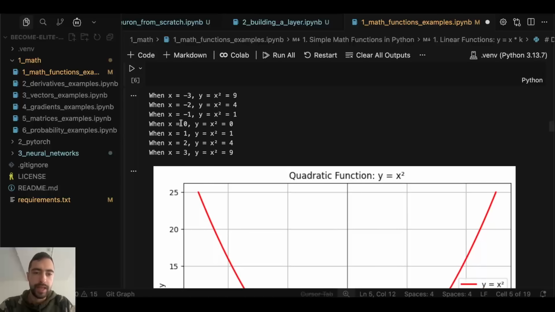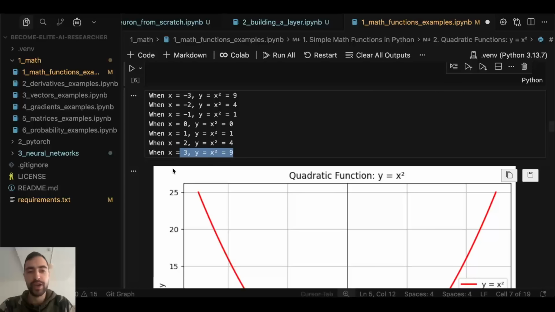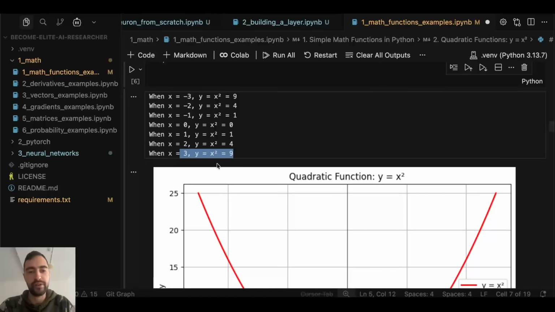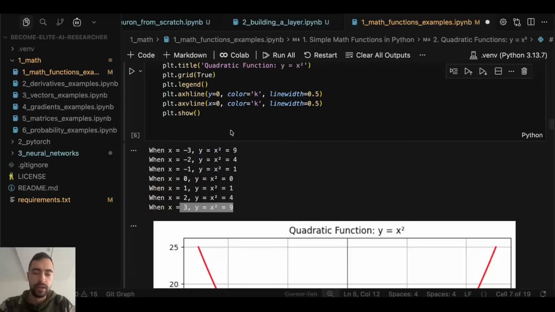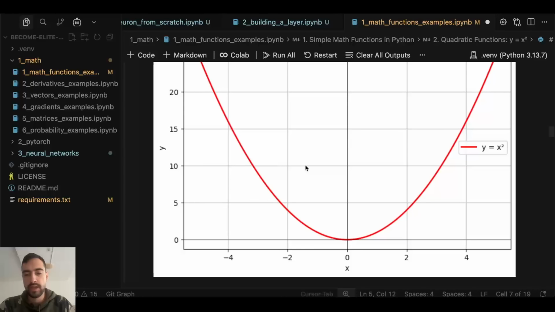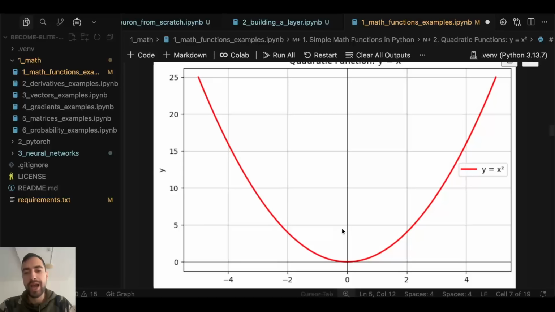Here, 0 squared is 0, 1 squared is 1, 2 squared is 4, 3 squared is 9, 4 squared is 16, so y starts to grow very fast. You can play around with this code and modify it to see what the drawing will look like. Now notice that y is always positive here, so y never goes below 0 on the y-axis.